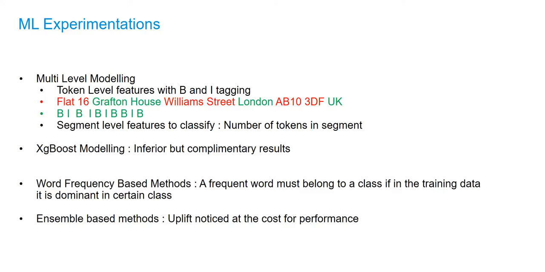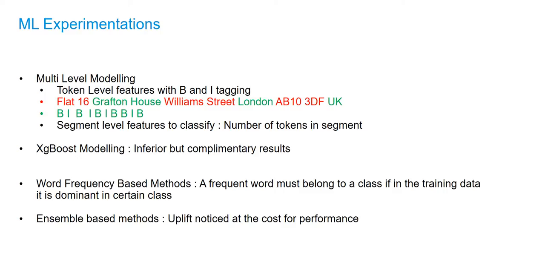So what we did was, first we identified the buckets. This is a multi-stage classification problem, not multi-class classification. We identified flat 16 as a bucket, Grafton House as a bucket, and various sets of tokens in different buckets using BI tags, that is boundary and inside.